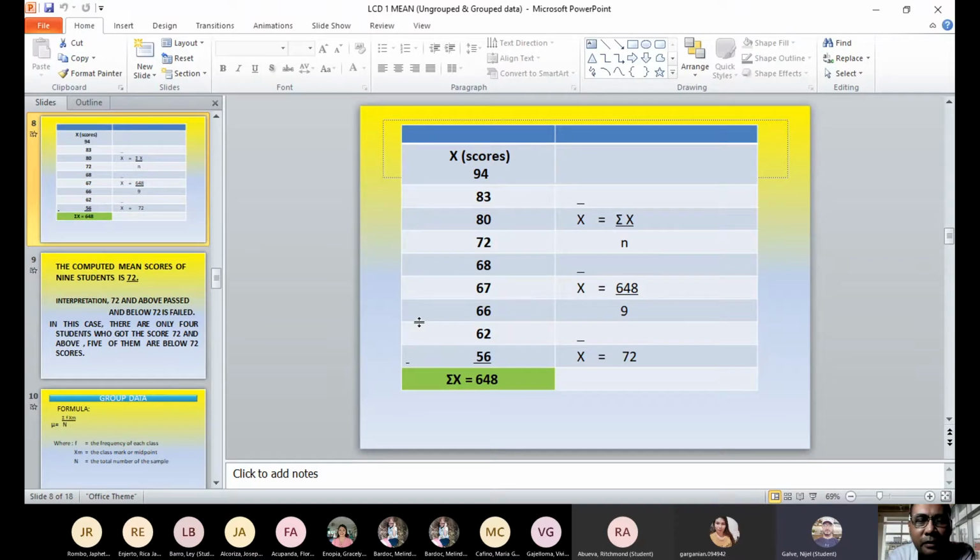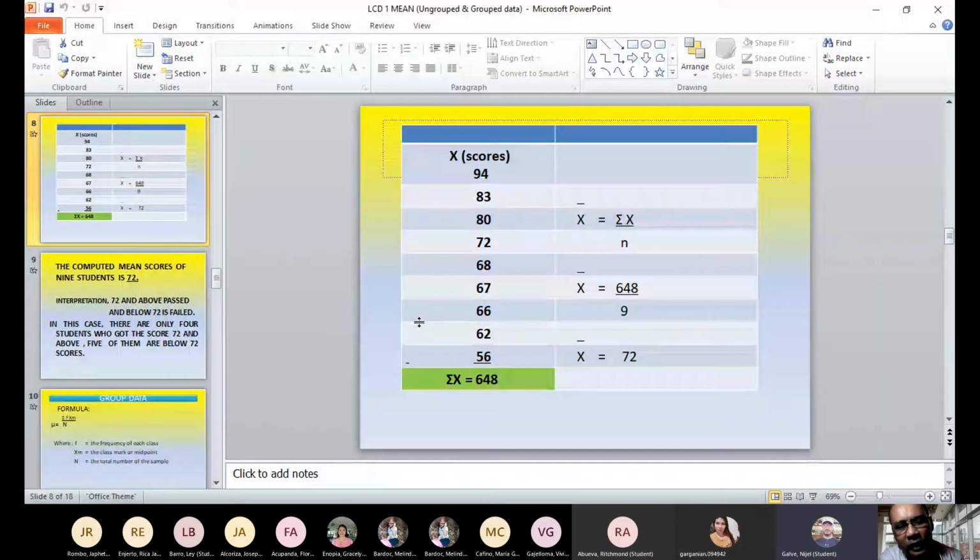In this case, since the mean is 72, only 4 students got the passing grades. Since below 72 is failure, there are 5 of them at the failing scores. So that is how to interpret.